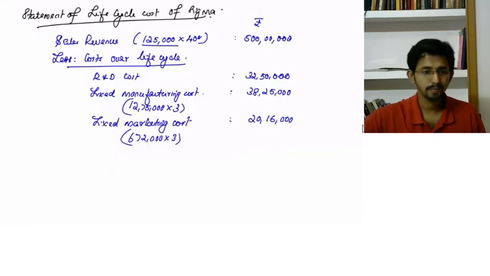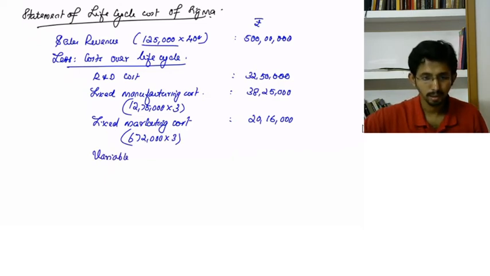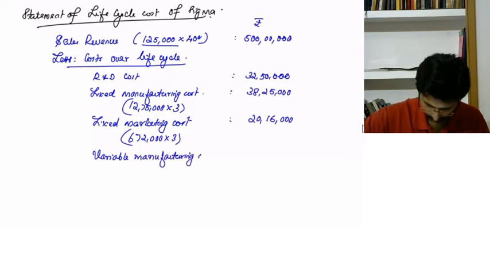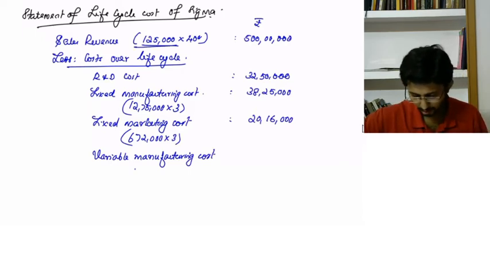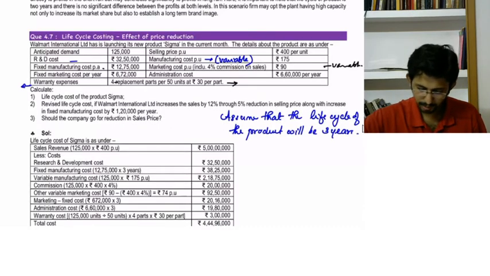Then you have variable manufacturing cost. What is the total number of products? It is 1,25,000. This is over 3 years. Into what is the cost per unit? 175.